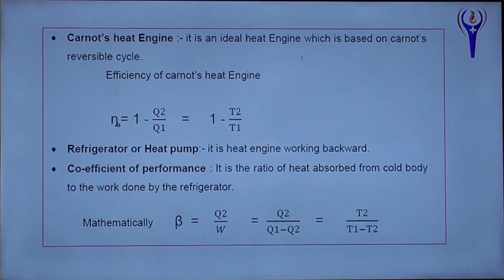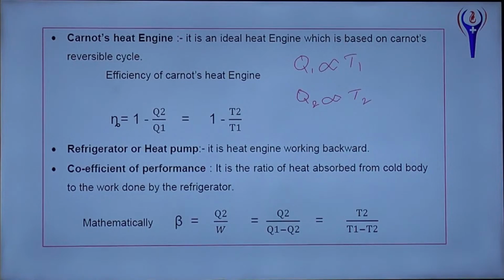Q1 is proportional to T1 and Q2 is proportional to T2. Then Q2 by Q1 equals T2 by T1. Therefore, eta equals 1 minus Q2 by Q1, equal to 1 minus T2 by T1.